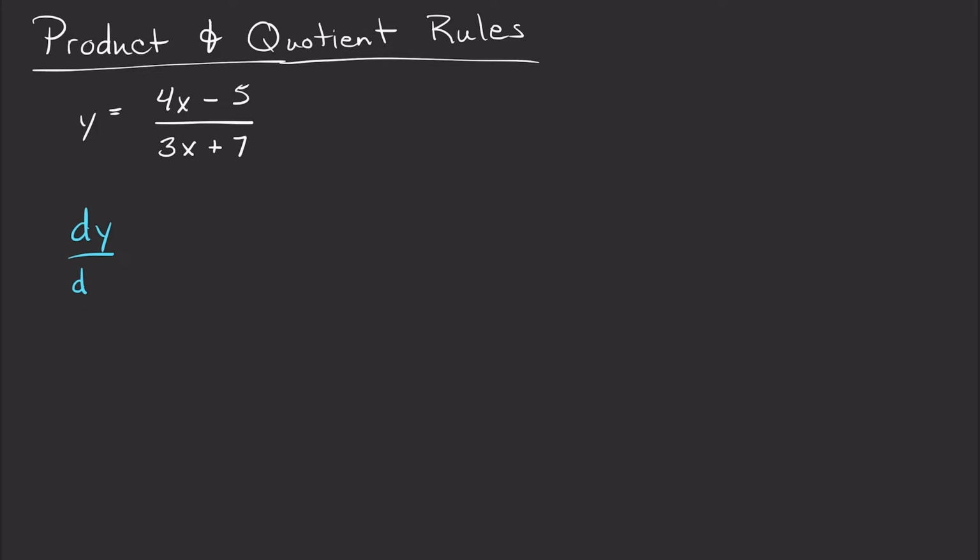for a function u divided by a function v is v u prime minus u v prime over v squared, or some people say low d high minus high d low over low squared, where high, or u, is your top function, in this case 4x minus 5, and low is your lower function, or the function on the bottom, which we'll call v, and in this case is 3x plus 7.